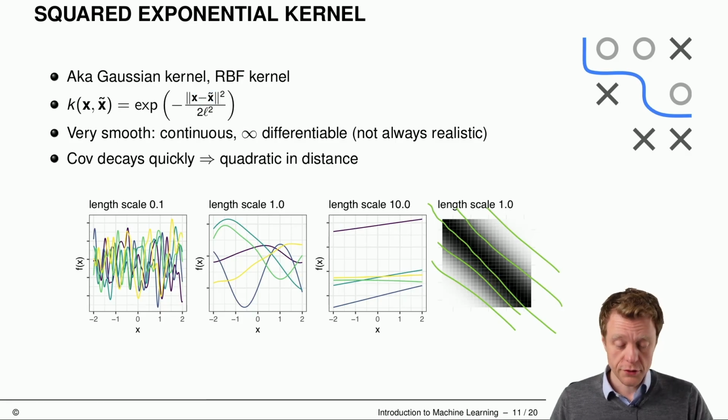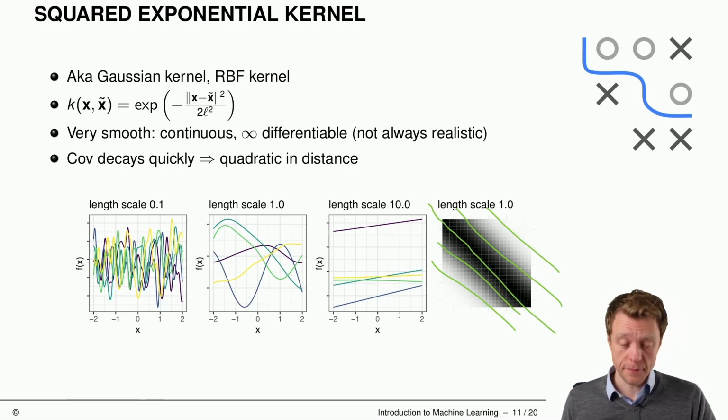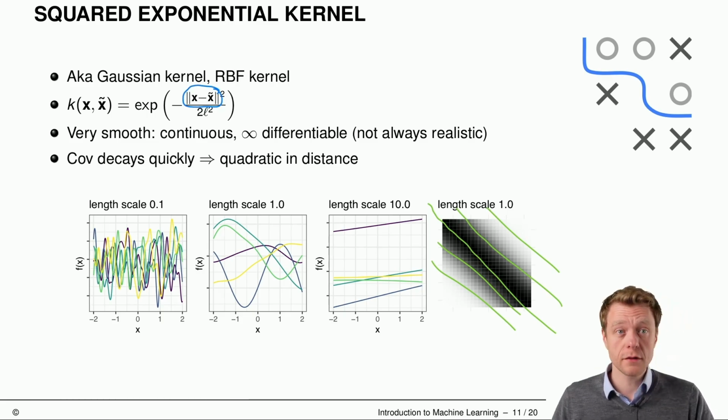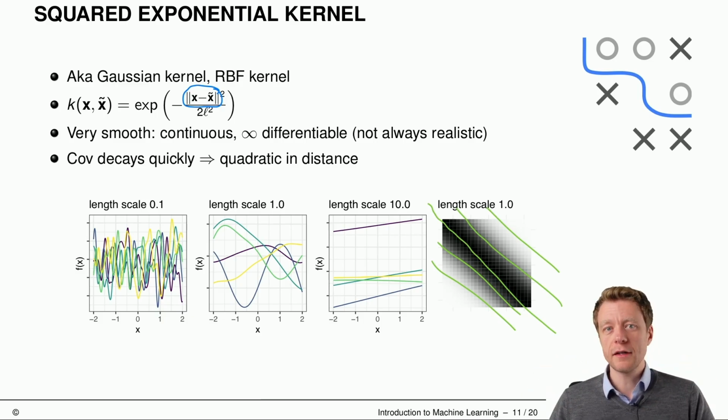It's also called Gaussian kernel or radial basis function, and it's a continuous and very differentiable function that we get here, and the covariance decays rather quickly in distance. So this means if the distance grows, or if 2 points grow further away from each other, they are less and less correlated, which, well, makes sense. It's this spatial correlation pattern again.